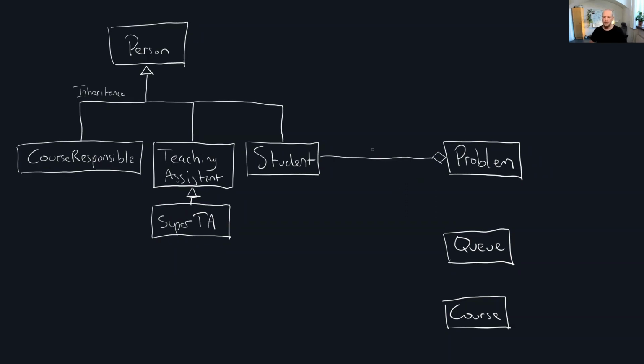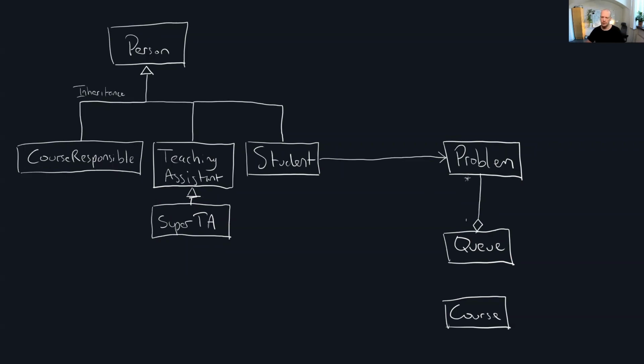We can say that there's a student associated with the problem. Again, a student will post the problem and their Zoom link and all the rest. The queue itself is going to be made up of multiple problems. So we've got this idea that one queue might have many problems.